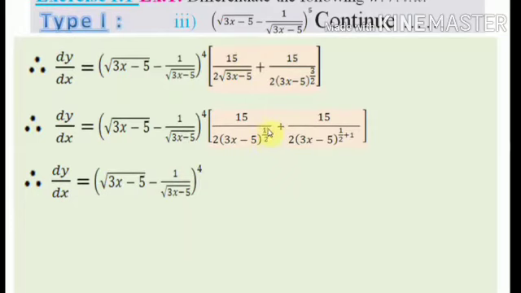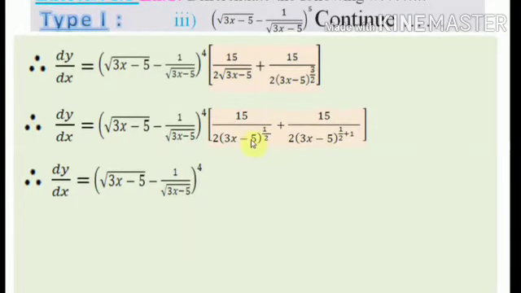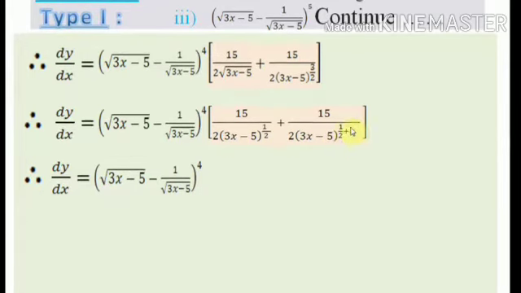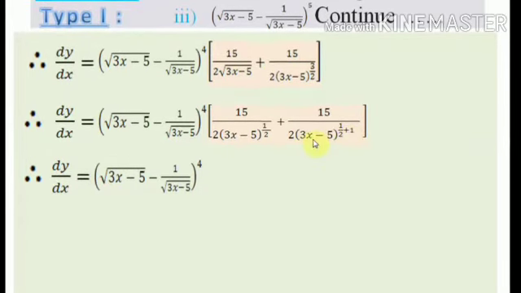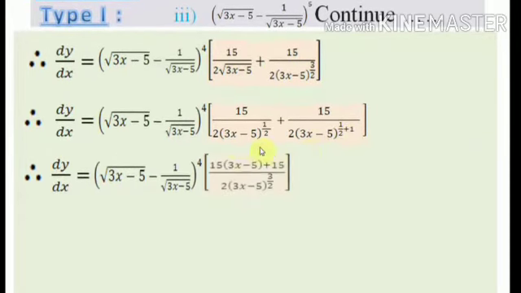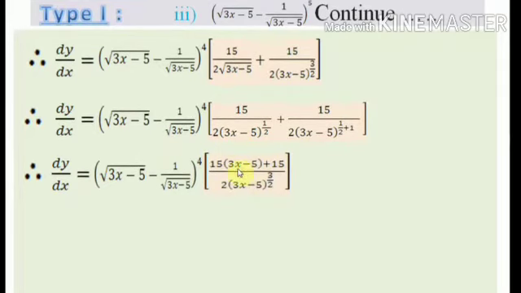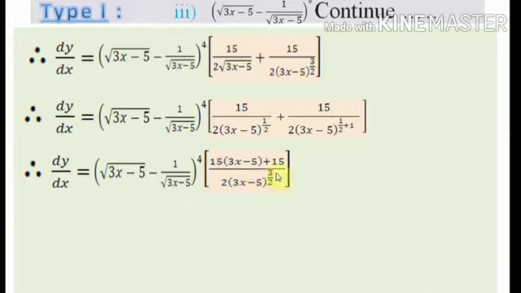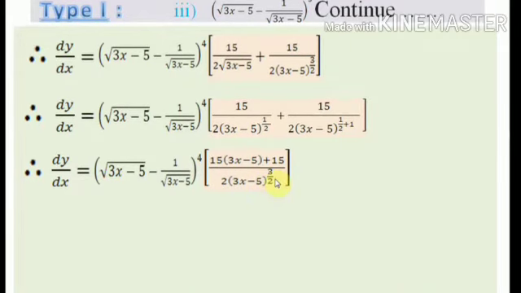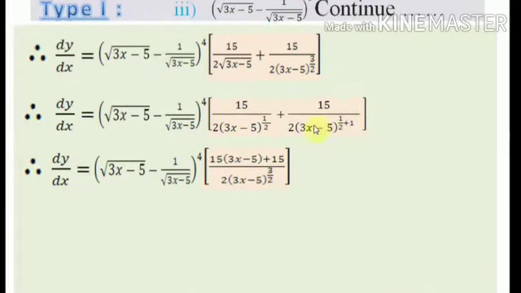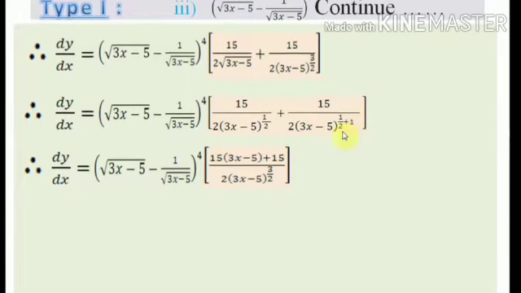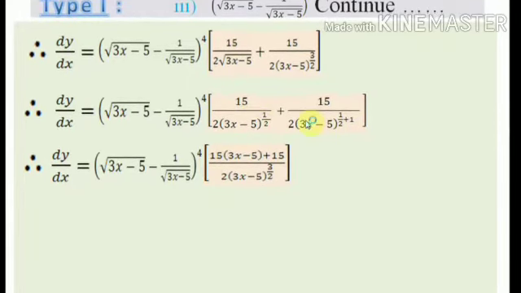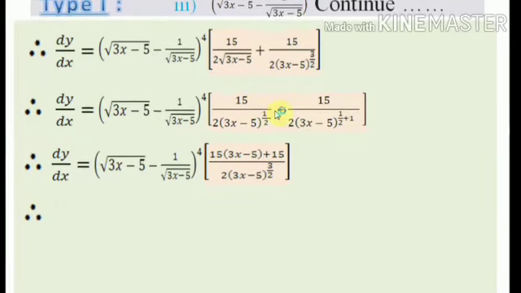These are the two common denominators, but in the second term it is 1 upon 2 plus 1, and therefore taking the LCM, the denominator is 2 into (3x minus 5) raised to 3 by 2. Now multiply by 3x minus 5 to 15, that is 15 into (3x minus 5), plus the second term, that is 15.